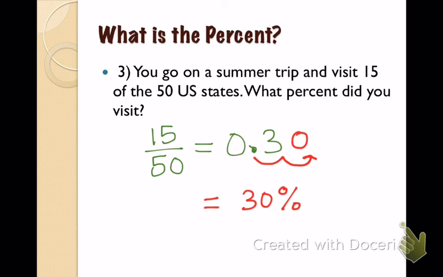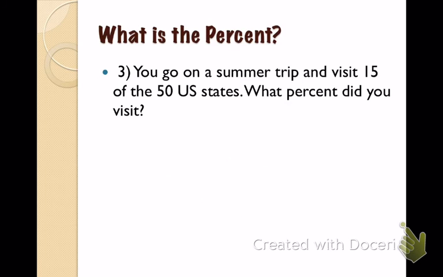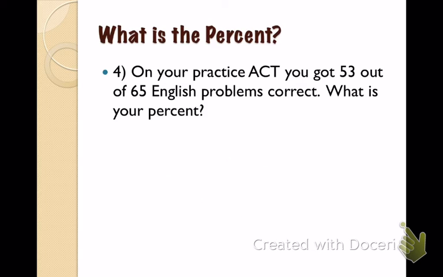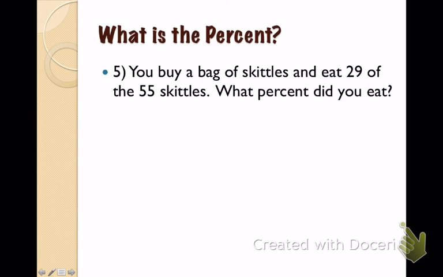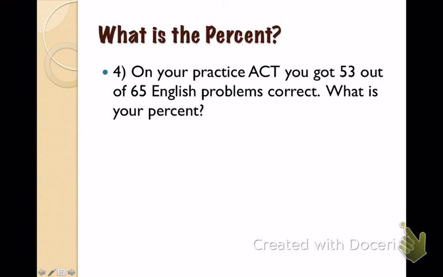All right, let's go ahead and keep on going. On a practice ACT, you got 53 out of the 65 English questions correct. So, oops, let's try it again. So 53 out of 65. What is your percent? Let's go ahead and type it in. 53 out of 65.